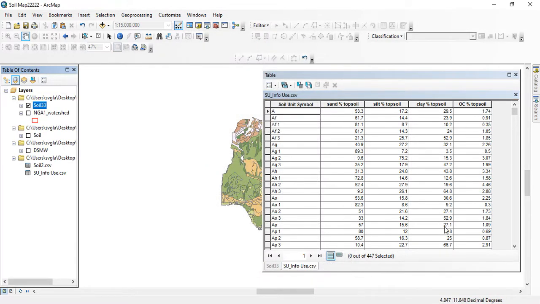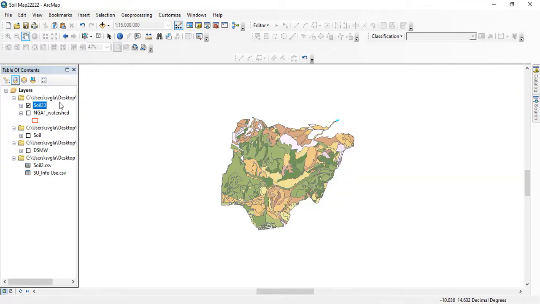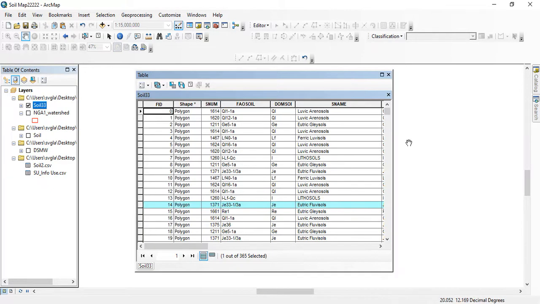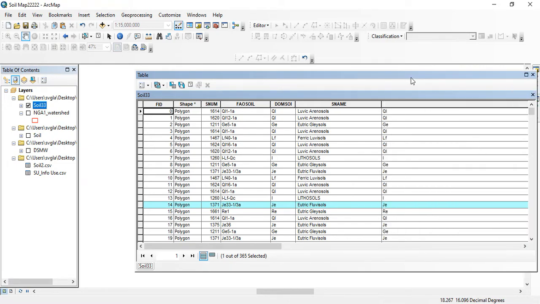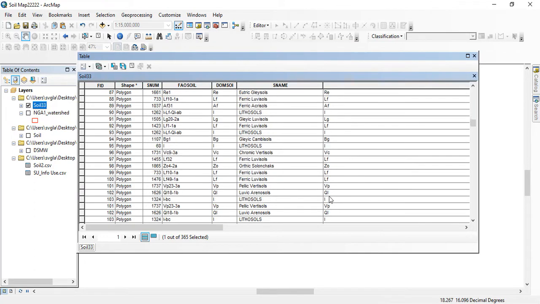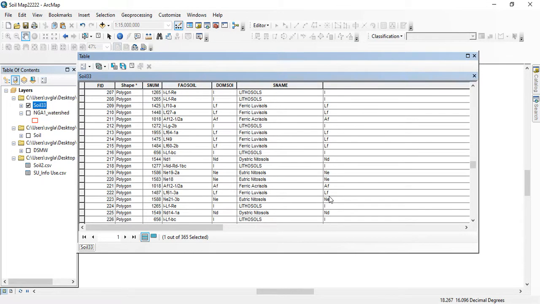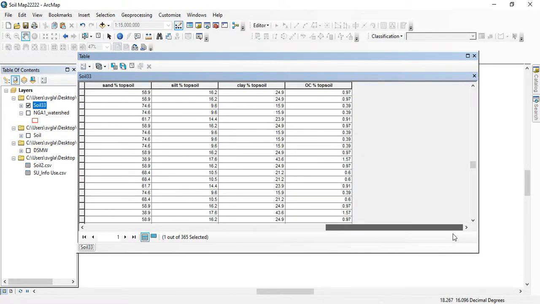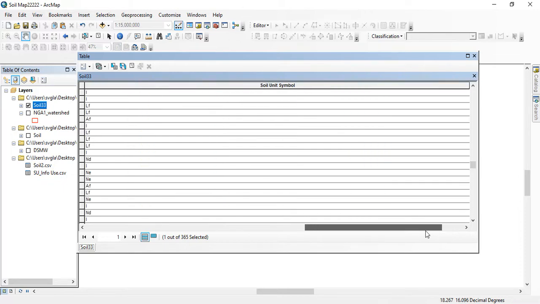Okay, now we have the percentage of sand, topsoil, and so on.